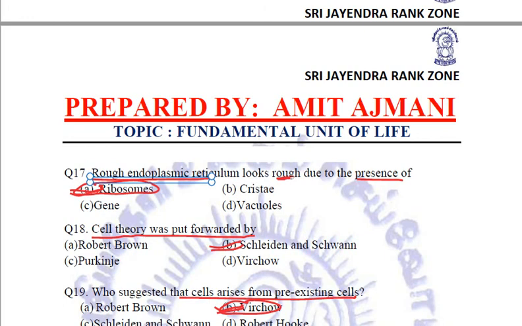Fine. So these are the functions which are very, very important that you need to remember and do properly. Clear? So please go through all these questions again and make sure that now you finally complete this chapter.